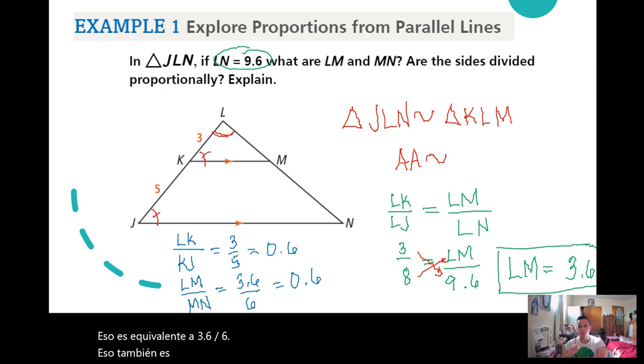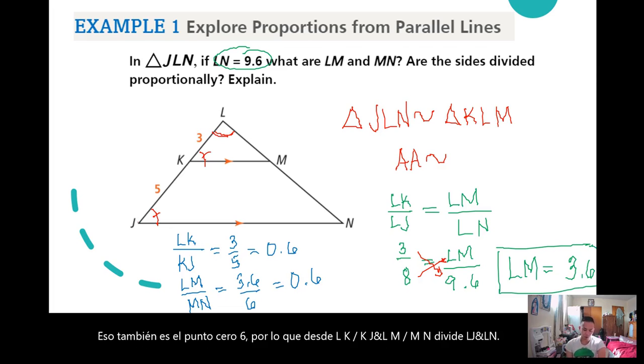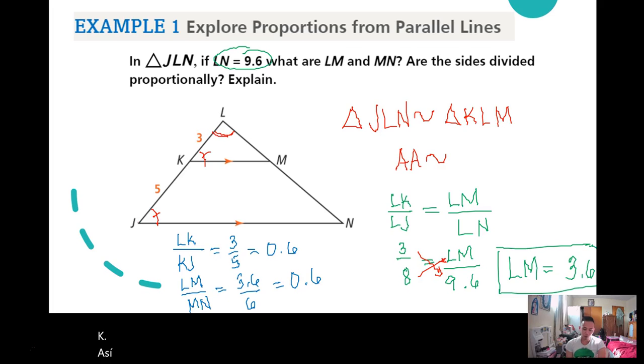So since LK over KJ and LM over MN divide LJ and LN proportionally, we can now have your answer. The measurement of LM is 3.6. How about MN? MN would be 6.